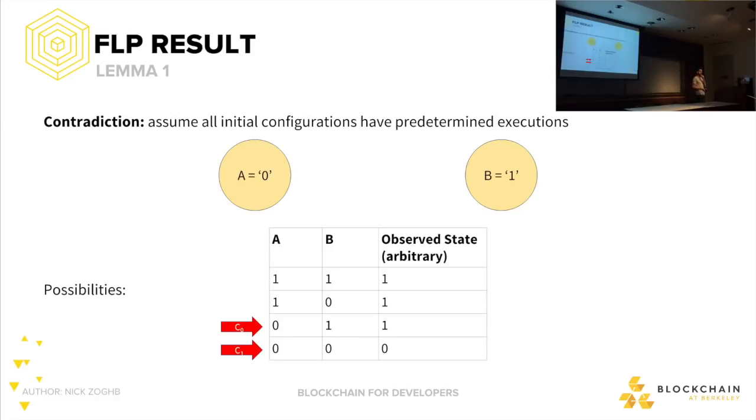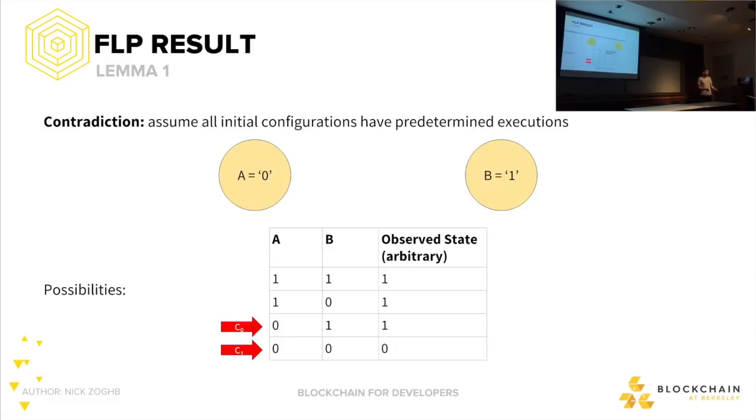Okay, good. So you have configuration C0 and C1, right? And we're saying that for any situation where we have these configurations, the predetermined output is going to be 1 and 0 respectively, just arbitrarily chosen for our system.